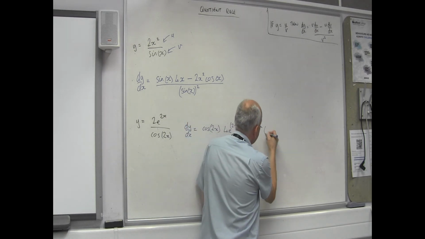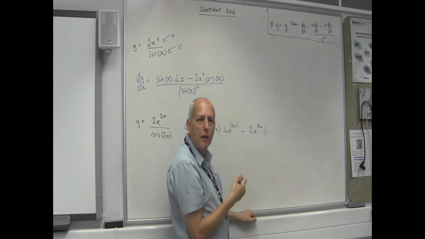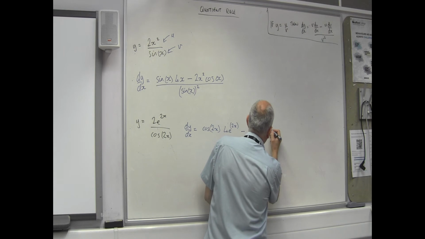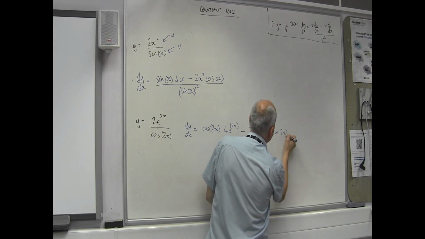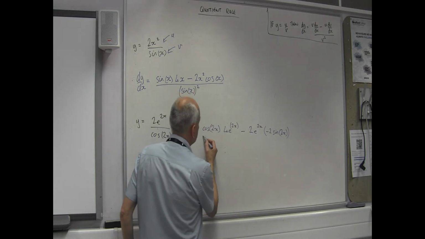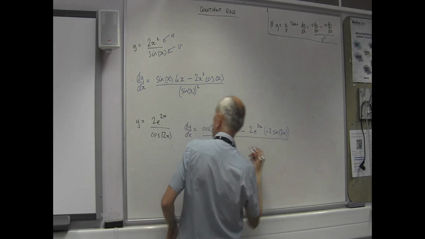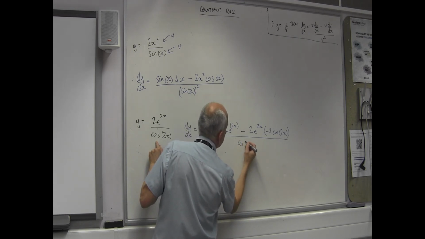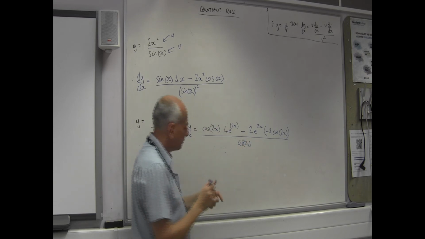Bracket it, so it's clear it's multiplying it, not subtracting. 2 out front, sine 2x, those brackets. All divide by cosine 2x. And we'll do it that style. Okay?